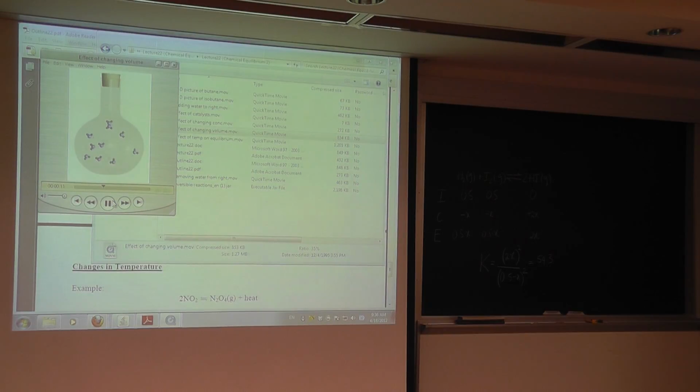If we then transfer the mixture to a flask with a smaller volume, NO2 molecules convert to N2O4 molecules, resulting in a net decrease in the number of molecules. In this way, the system compensates for the decrease in volume by a decrease in gas pressure.